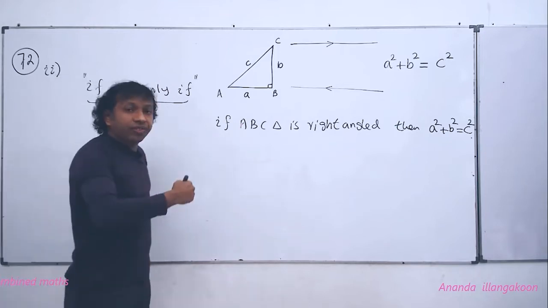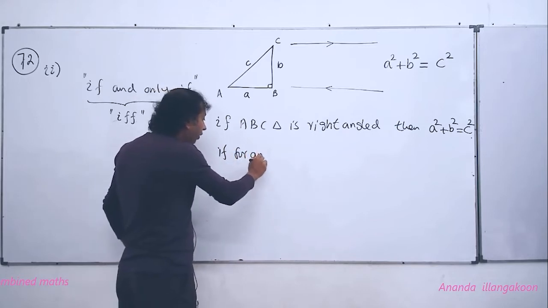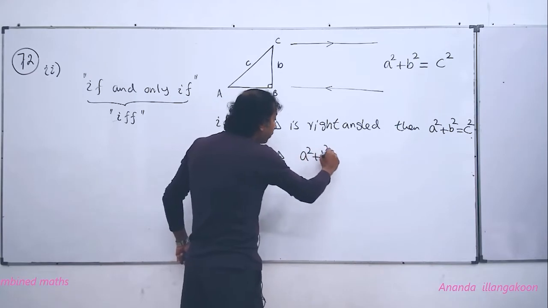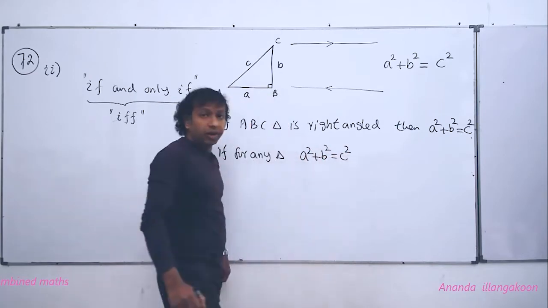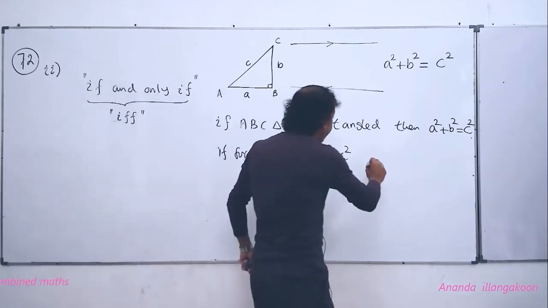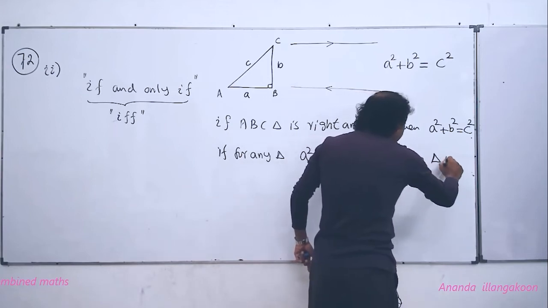Then what is the backward result? If for any triangle a squared plus b squared equals c squared is valid, then the triangle is right angle.